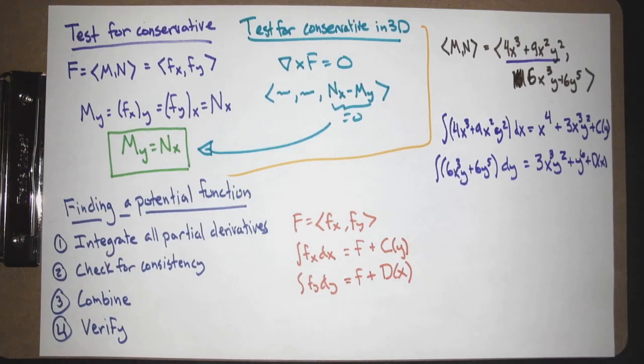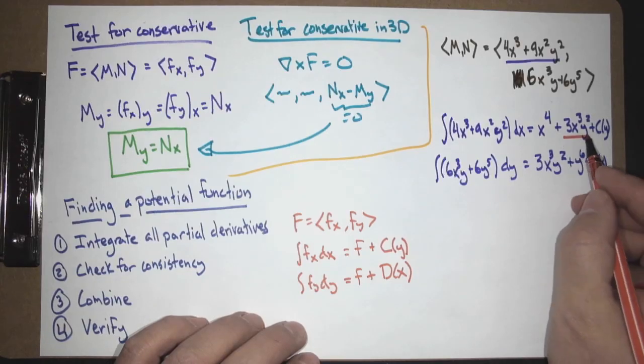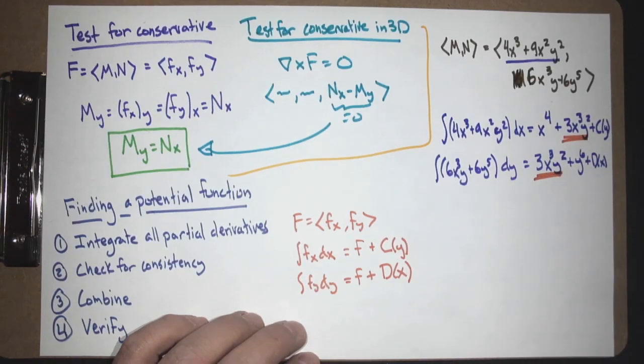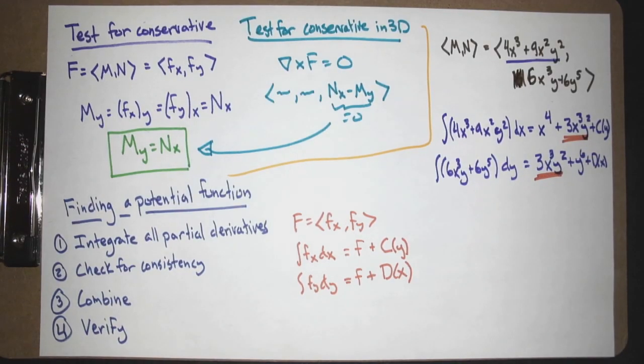Now, that's step one. Consistency says, look for anything which involves both x and y. Is there anything involving both x and y? Right. Do you get the same thing in both terms? Yes? Then you're good. If the answer is no, there's problems. Either it's trying really hard to trick you, or it's not conservative. But now we're consistent, so we've passed the consistency check.